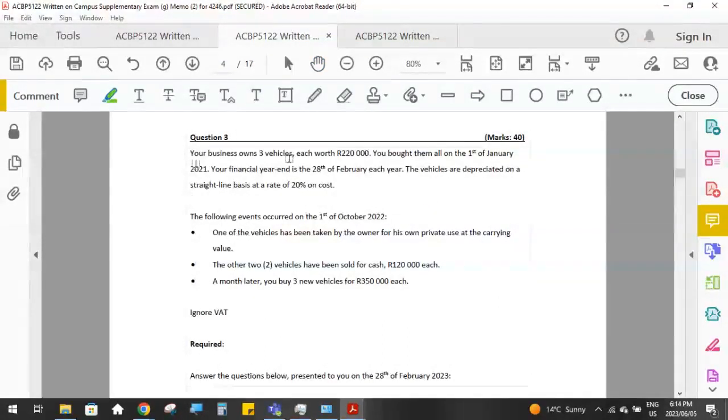So your business owns currently 3 vehicles, each worth 220,000. Always take a highlighter with you to the exam so that as you are reading through the paper in the 15 minutes reading time, you are circling and underlining important things, so that when you come to do the question you have already engaged with the information, and you don't have to keep rereading and missing information.